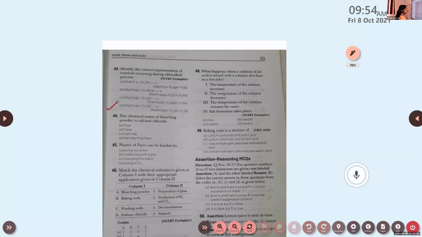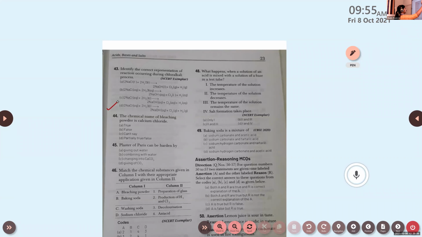Then next one, question number 44. The chemical name of bleaching powder is calcium chloride. True, false, can't say, partially true or false.